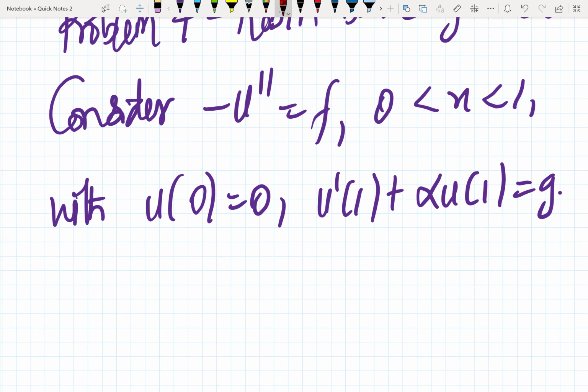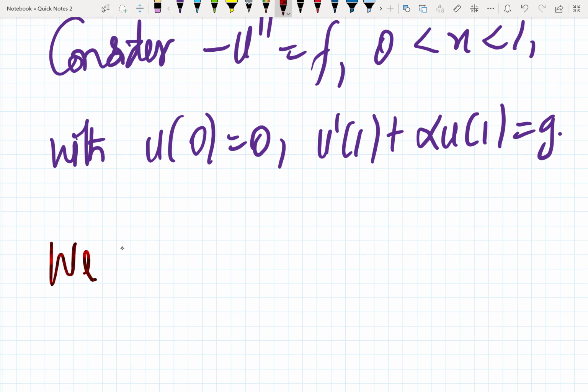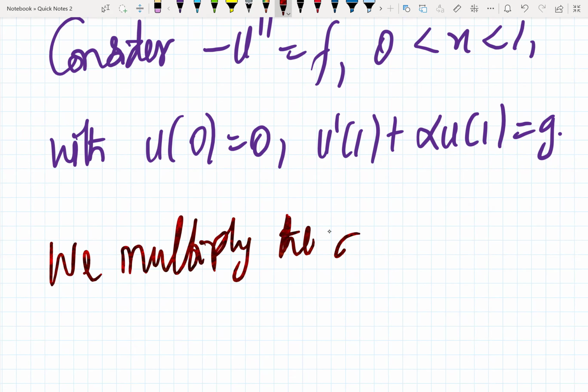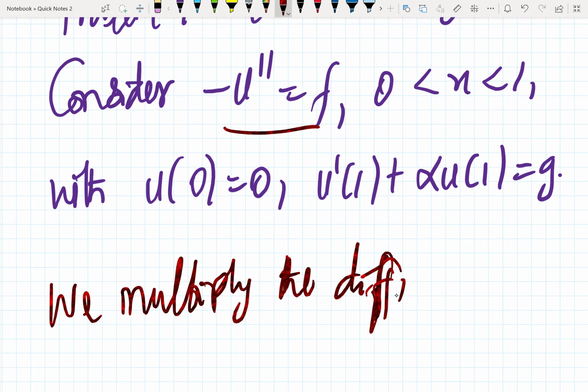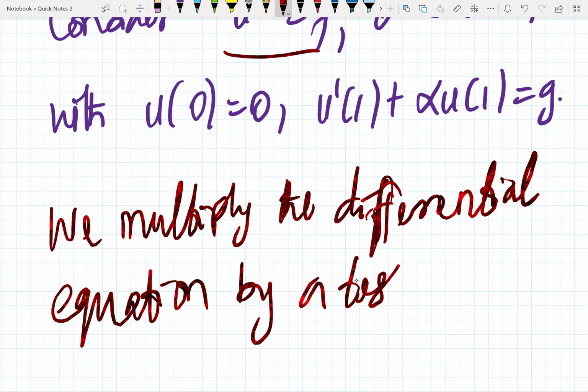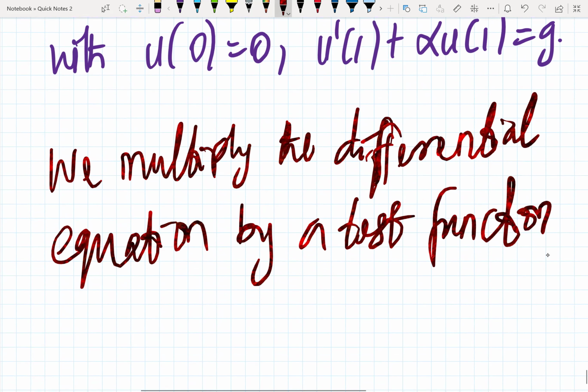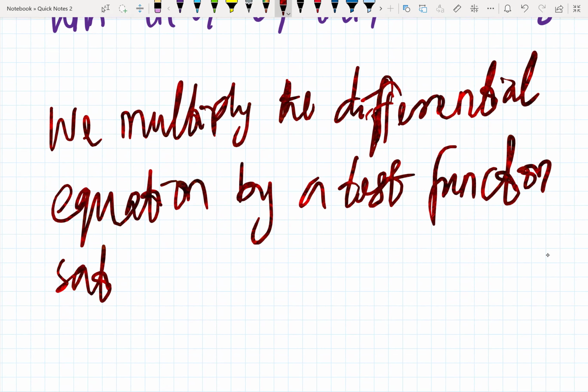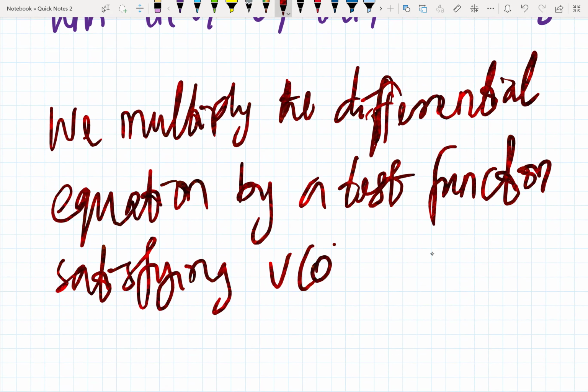So we multiply the differential equation, this is the differential equation right here, by a test function satisfying v of 0 equals 0.